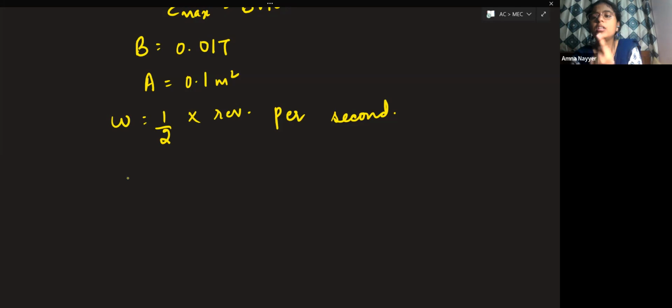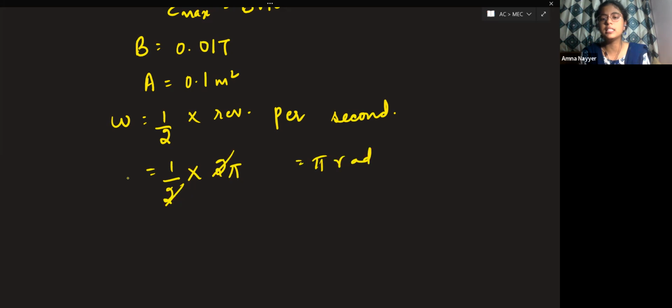So one revolution is 2 pi. Here you have half a revolution, so pi per second. The unit becomes radian per second; the 2 gets cancelled, and you are left with pi radian per second.